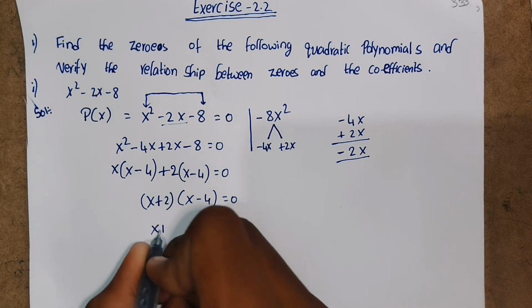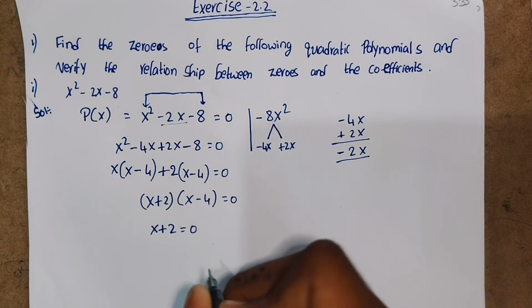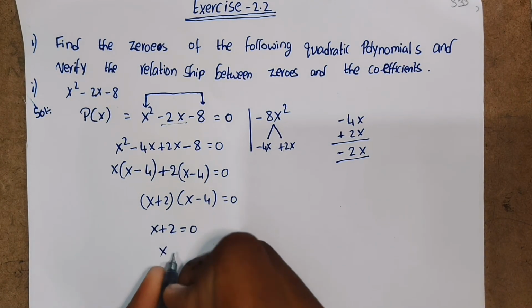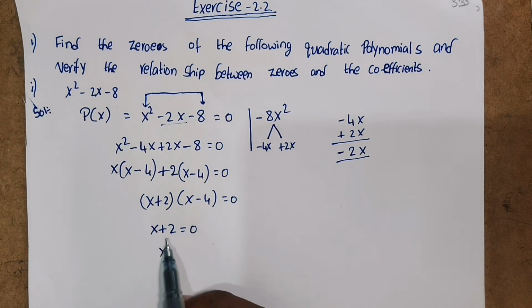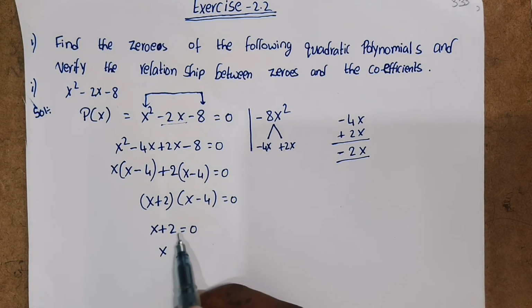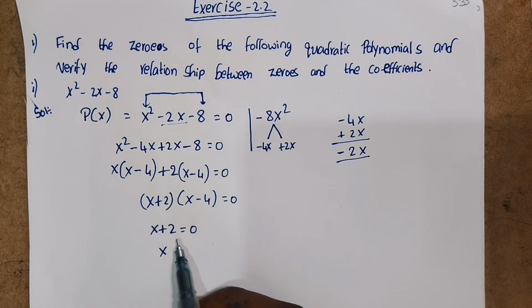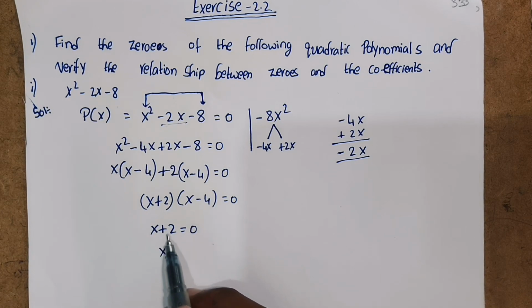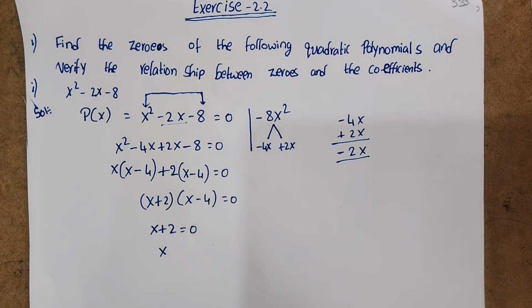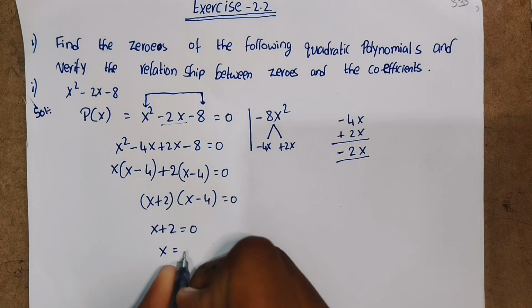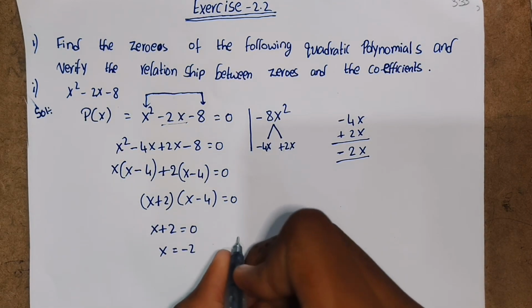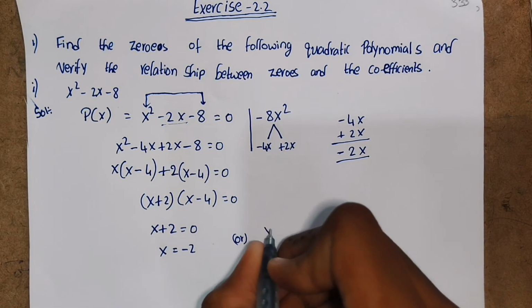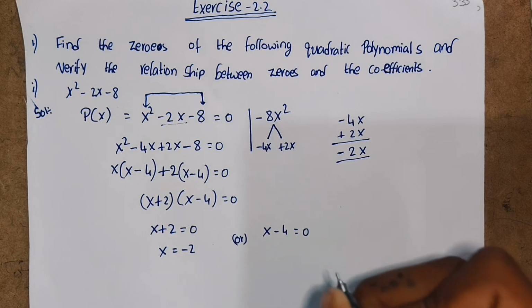I am doing that. X plus 2 equals to 0. When x plus 2 equals to 0, if we transfer 2 to the right side, it will get minus. So x equals to minus 2. X minus 4 equals to 0.